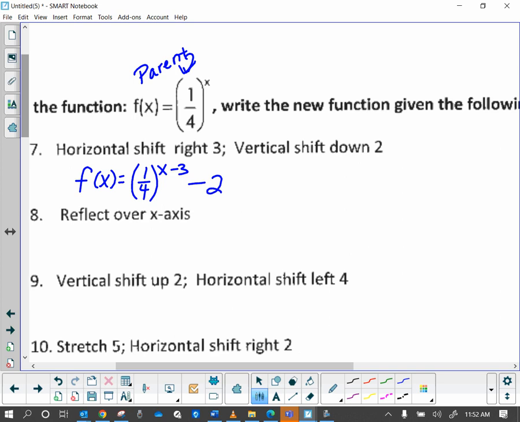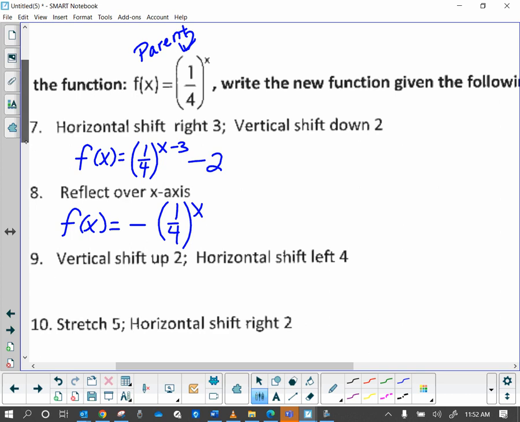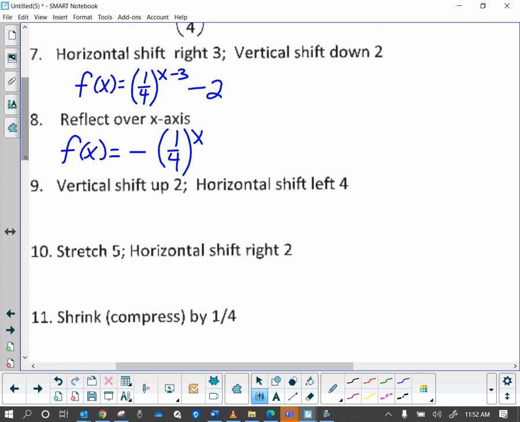For a reflection, you're going to make it negative. So f of x equals negative 1/4 to the x power. Vertical shift up 2.